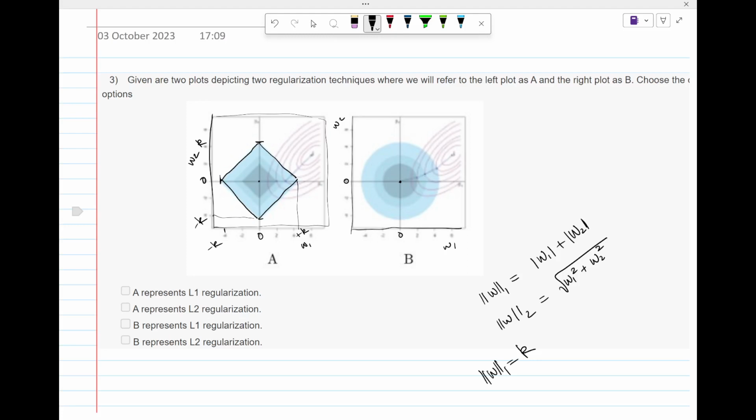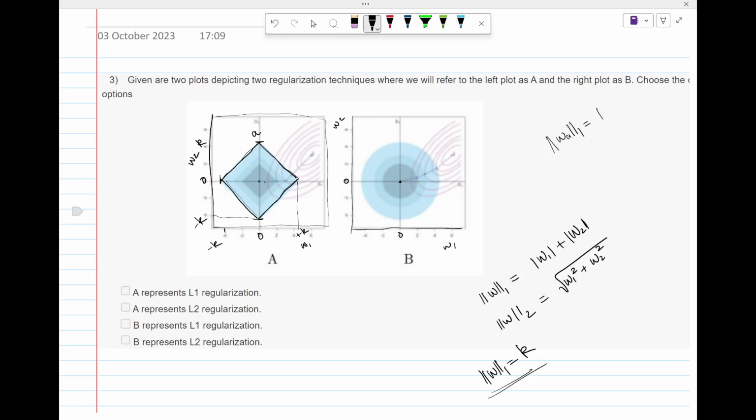You can easily see here that the L1 norm of W is K, that is what I'm saying. For each W1, W2 point on this boundary, the L1 norm of W is K. So if you look at this point, call it A, then the norm of WA is what?